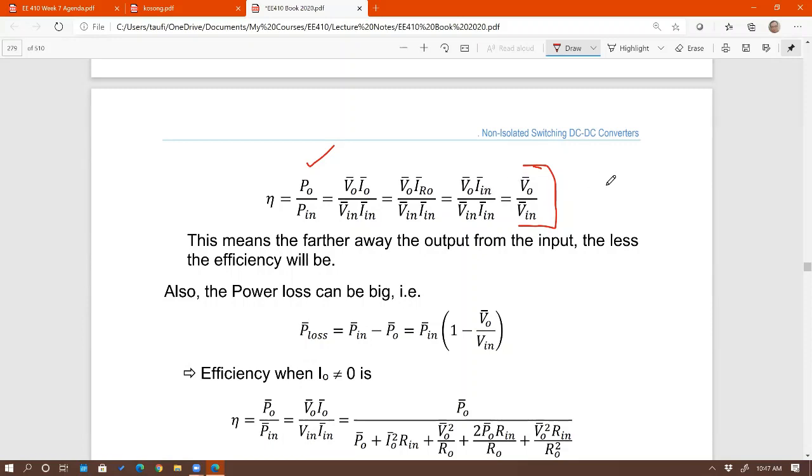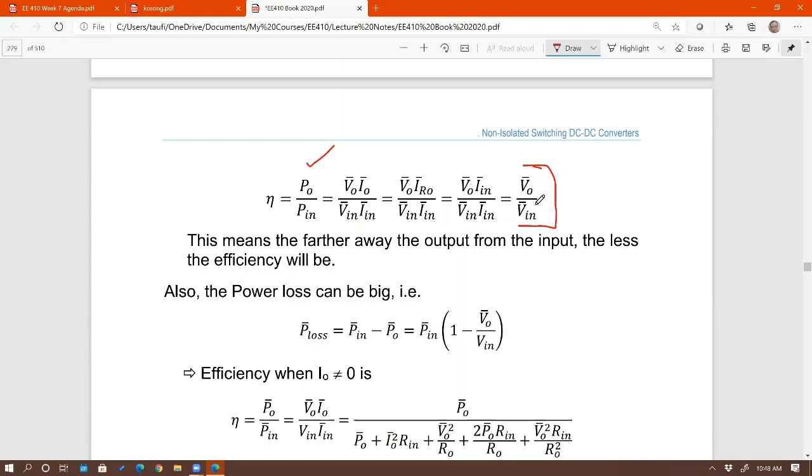So let's say 12 to 5, 12 to 3.3, 12 to 2.5, and go ahead, crunch those numbers. That's going to be a very low efficiency, right? If output voltage is, let's say, 5, input voltage is 15, that's 5 over 15. That's 1/3, that's 33.3% efficiency, right?